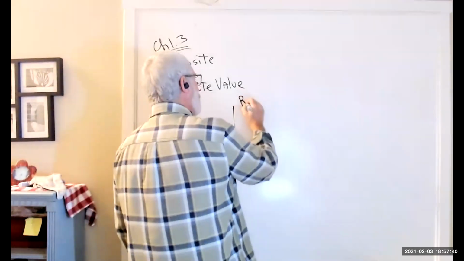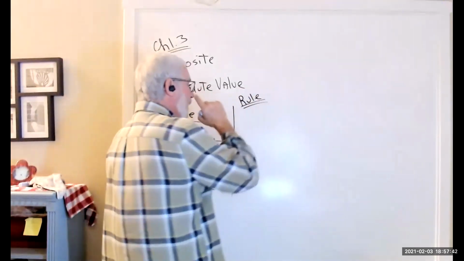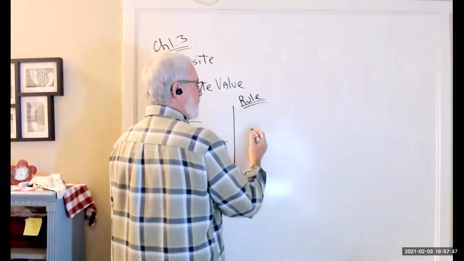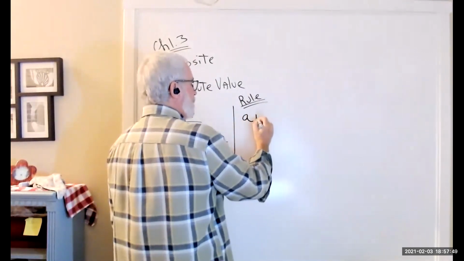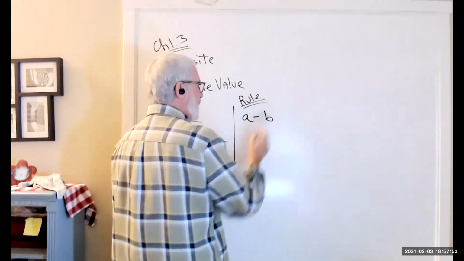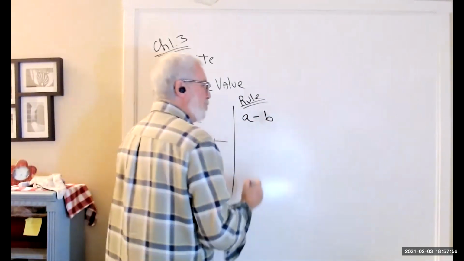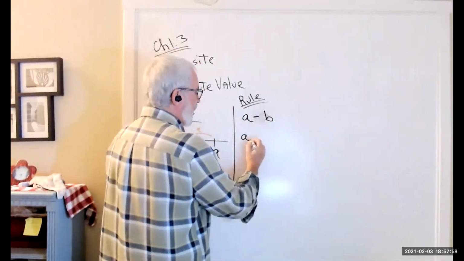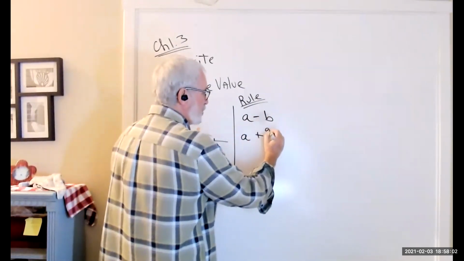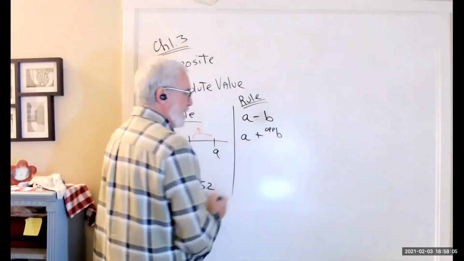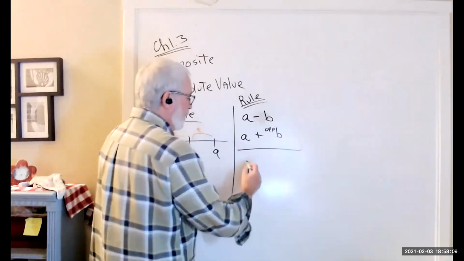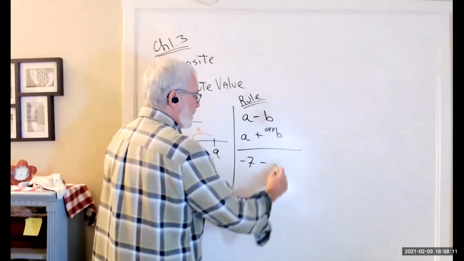There's a rule that we use for adding and subtracting integers. If you have a minus b, there's a rule that says we take a, change the minus into a plus, and change this to the opposite of b. So for example, what if you had -7 minus 9?